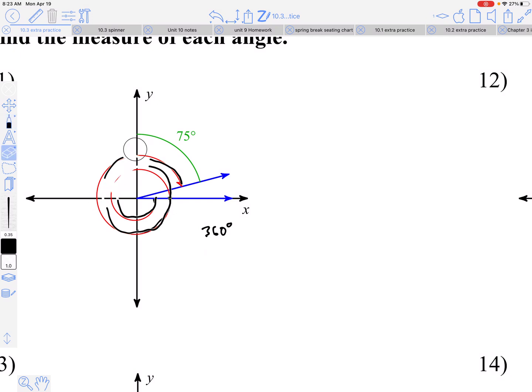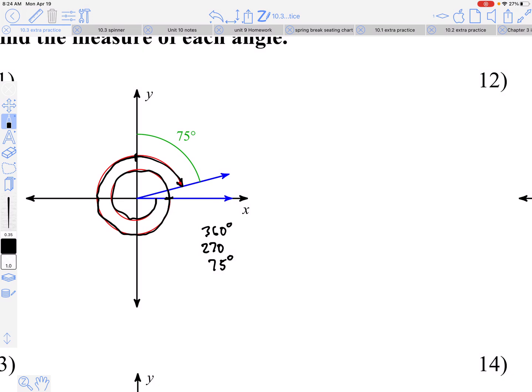Okay, we're getting a little crazy here on our drawings, right? Okay, so here's our 360 done. Here's 180 plus 90. It's going to get us 270, all right? 180 plus 90 is 270. Then it's telling us right here we have 75.